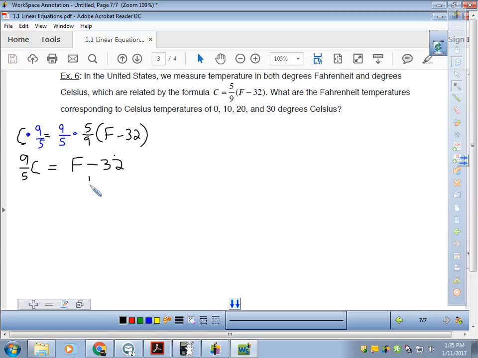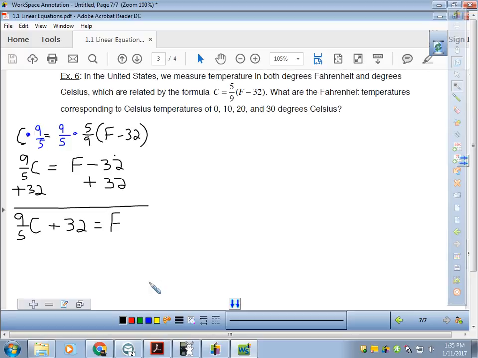And then I can solve for f by adding 32 on both sides. And I apologize, my board's going a little wonky right now. And so what we have is 9/5 c plus 32 equals f.